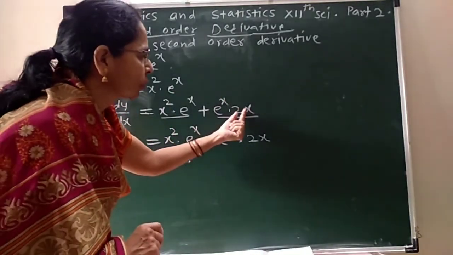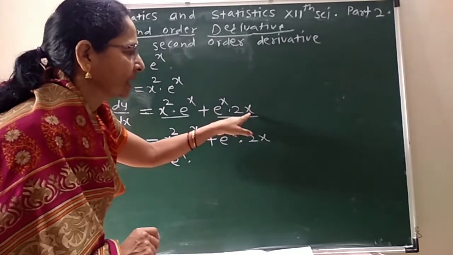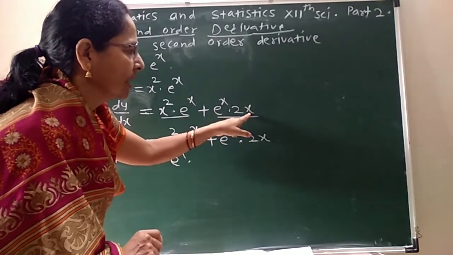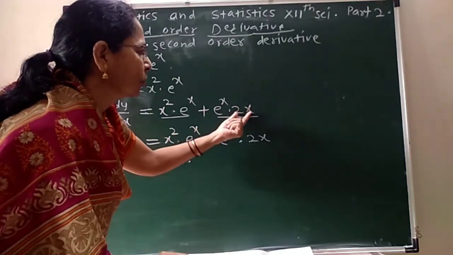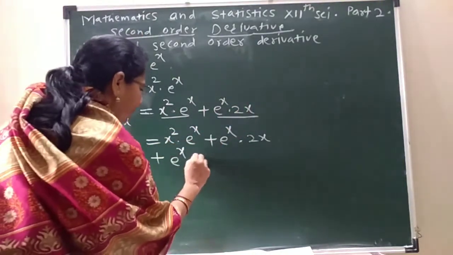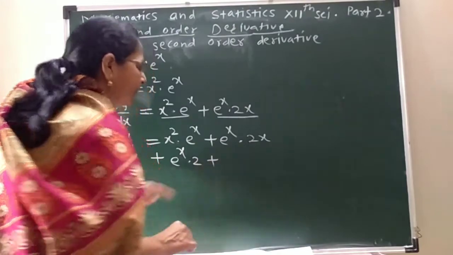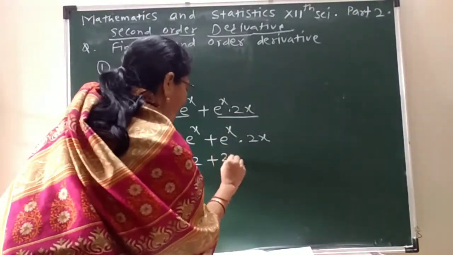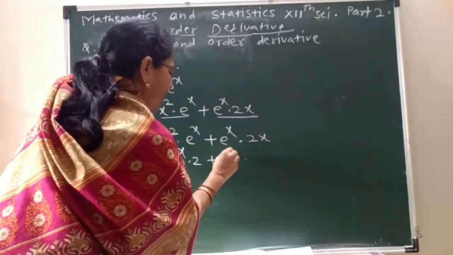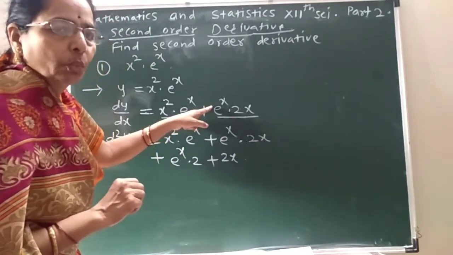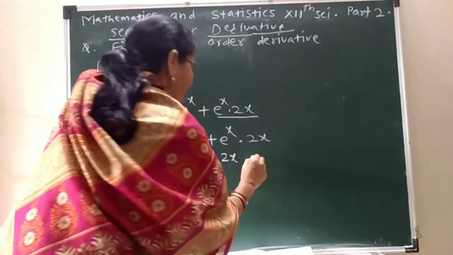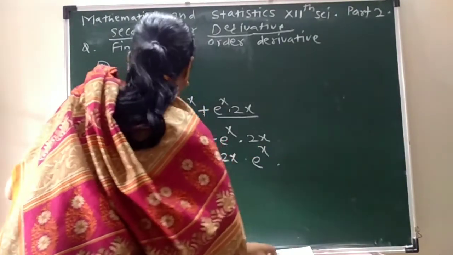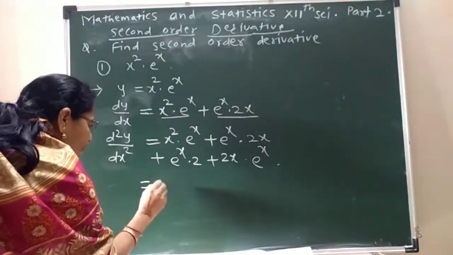The derivative of v is 2 into the derivative of x. The derivative of x is 1, so 2 into 1 is 2. That means the derivative of this 2x is 2, plus v, derivative of u. The derivative of e raised to x is e raised to x.